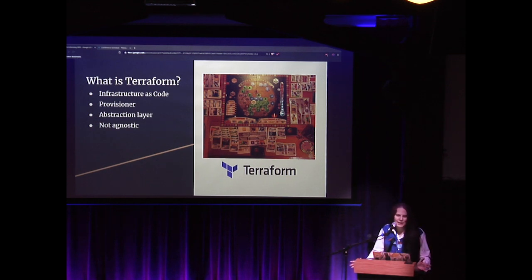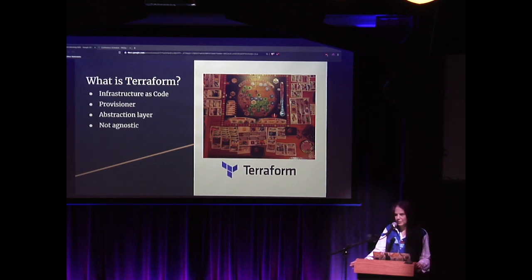I looked for the origin story and couldn't find it, but my guess is that that's why they called Terraform that, because it does make life as an infrastructure person a lot easier. It makes it a lot easier to manage your resources. In particular, Terraform is what they call infrastructure as code. And it's also a provisioner, so it's a little bit more than just the code to describe your infrastructure.